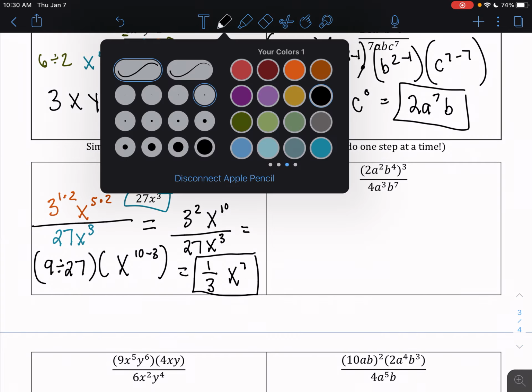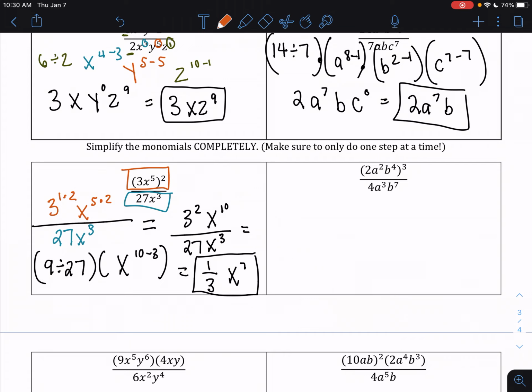All right, let's try this next one. Again, one step at a time. So I'm just going to focus on the top right now. I'm going to use my power rule. 2 to the 3rd, a to the 2 times 3, b to the 4 times 3.